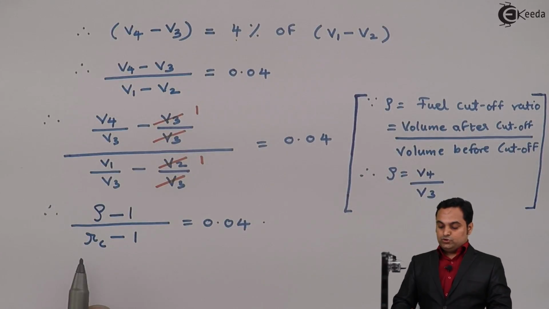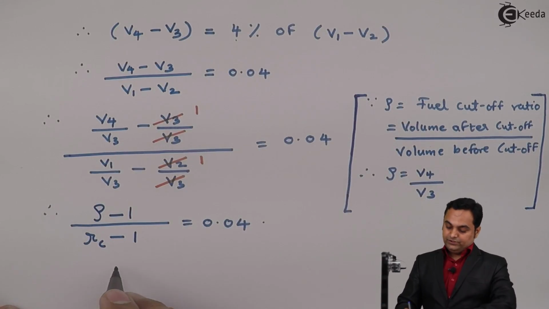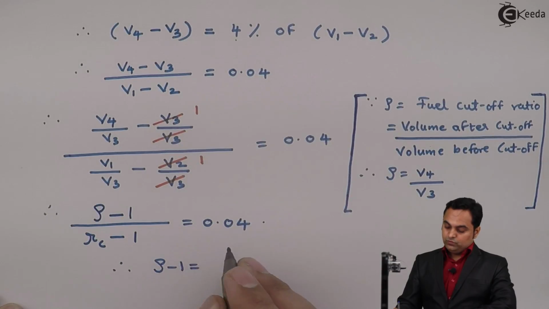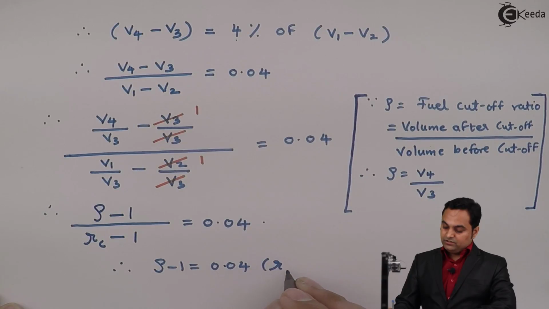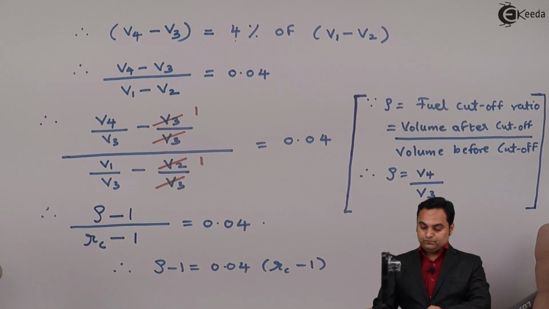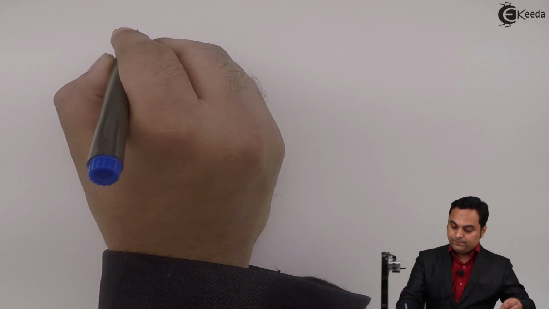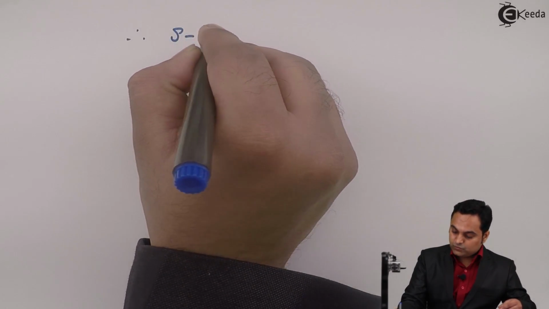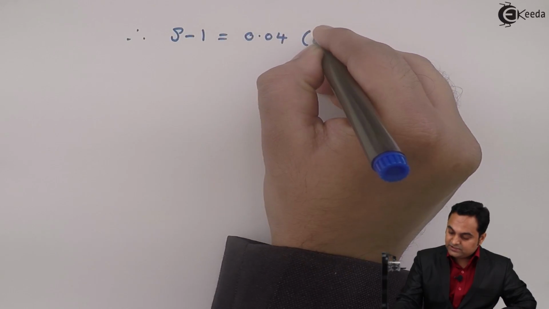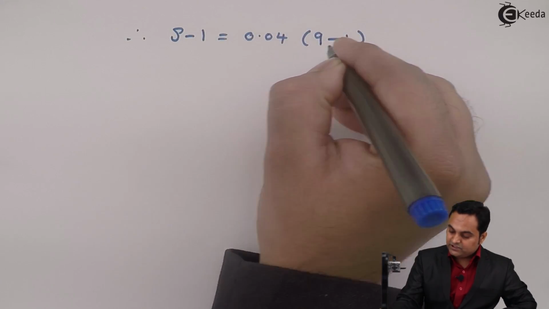Now I'll calculate the value of rho here. Therefore, rho minus 1 is equal to 0.04. I'll shift RC minus 1 onto the other side. Therefore, rho minus 1 is equal to 0.04 into RC, which is 9 given, minus 1.